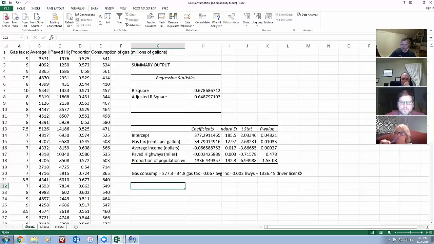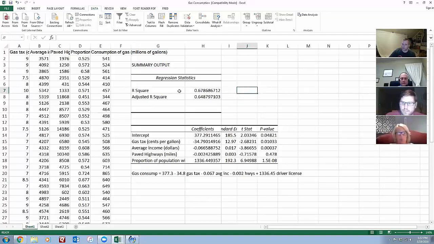You can think about the equation overall. So how good does this entire set of independent variables do in explaining the dependent variable? That's what the R squared and adjusted R squared are for. So I look at my adjusted R squared, my R squared, and this gives me a sense of how well all of these independent variables do in explaining the variation in gas consumption.